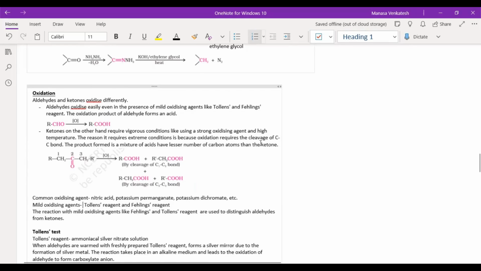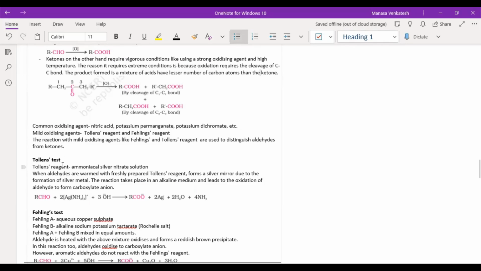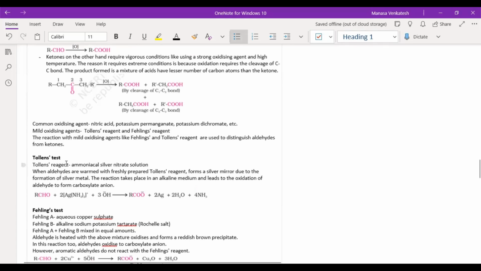So let's talk about Tollens' reagent or Tollens' test. The Tollens' test uses Tollens' reagent, which is an ammoniacal silver nitrate solution. So what happens is the aldehyde is warmed with this freshly prepared Tollens' reagent, and you will see a beautiful silver mirror on the inside of the test tube.